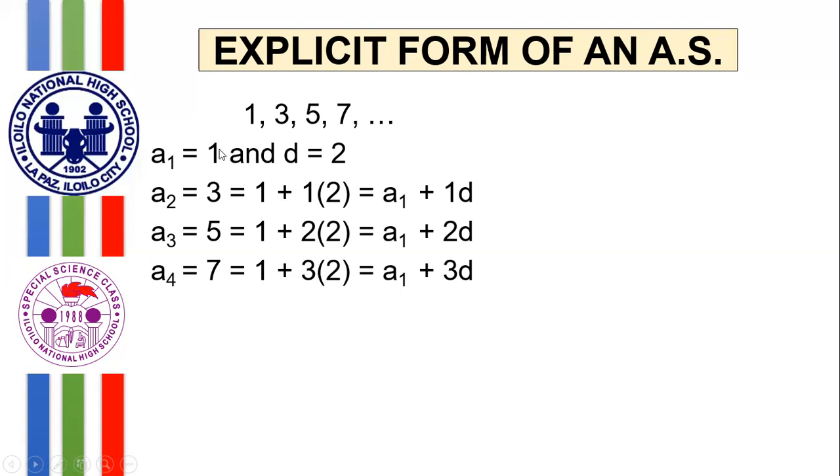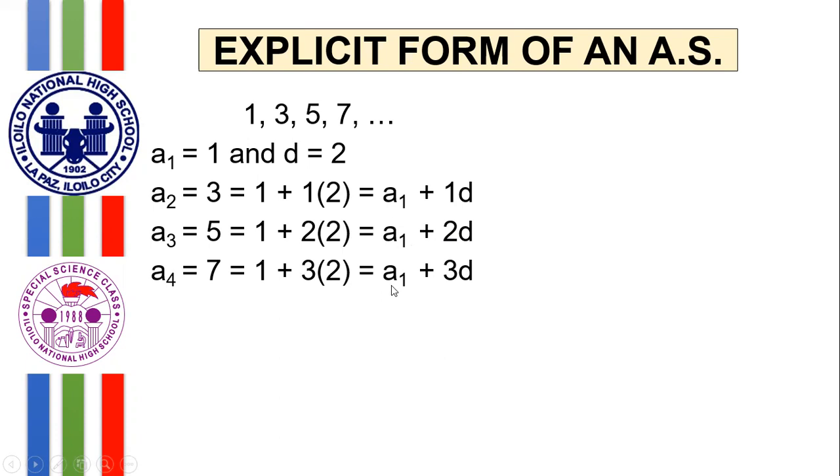Replacing again 1 with a sub 1 and 2 with d, I expressed a sub 4 as a sub 1 plus 3d. So observe, a sub 2 is a sub 1 plus 1d, or a sub 1 plus d. a sub 3 is a sub 1 plus 2d. a sub 4 is a sub 1 plus 3d.